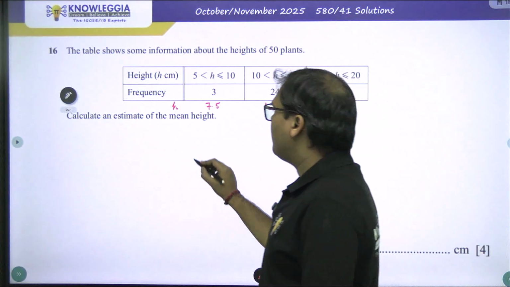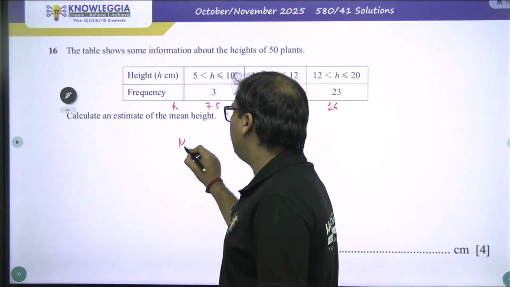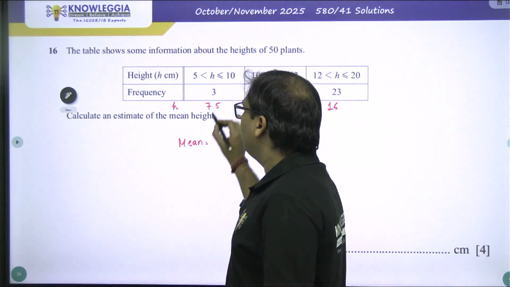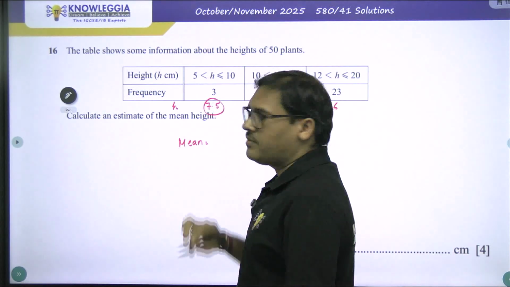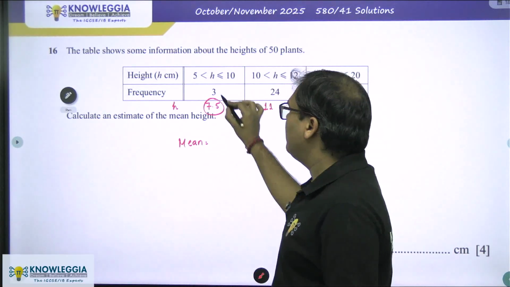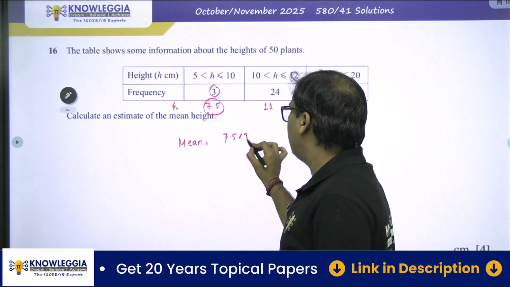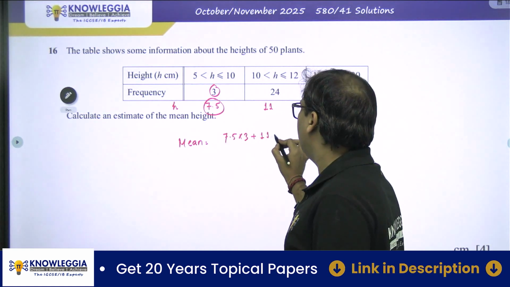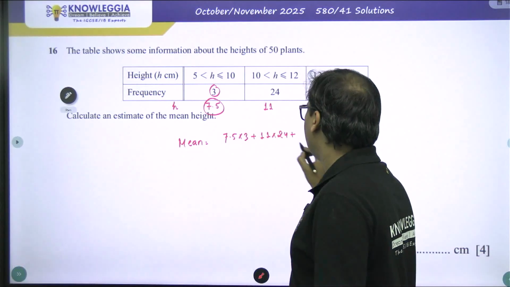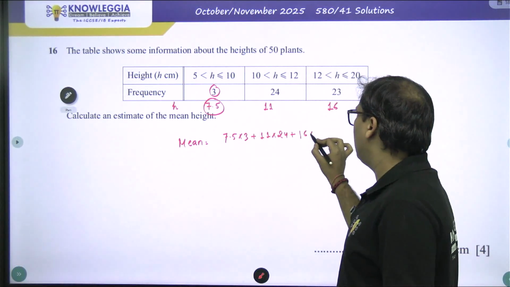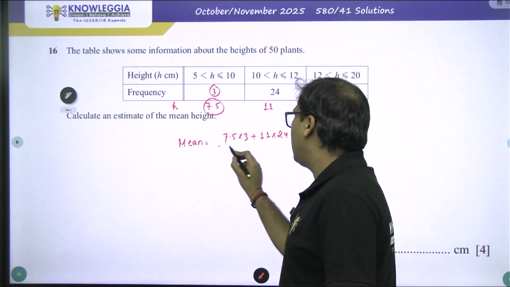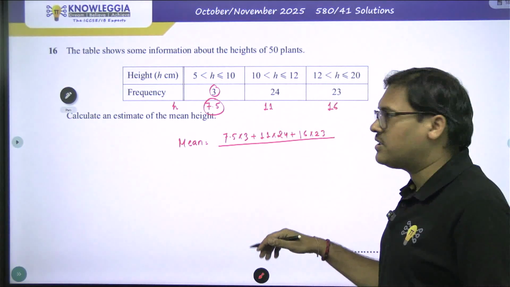So what is the mean height? Mean will be equal to the sum of midpoint of the height into frequency, divided by the sum of all the frequencies. That is 7.5 into 3 plus 11 into 24 plus 16 into 23, divided by the sum of all the frequencies. What is the sum of all the frequencies?